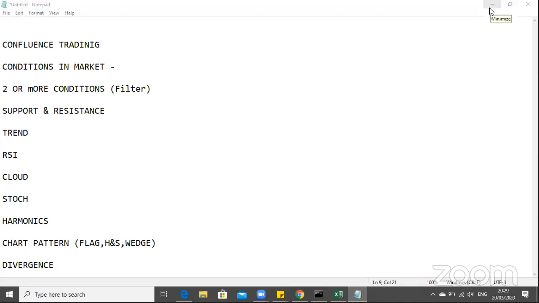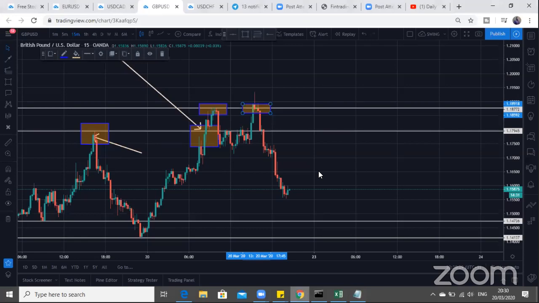Now, let's go to this same pair. Let's add trend line to it to make it two, which is the use of trend line. Watch now.